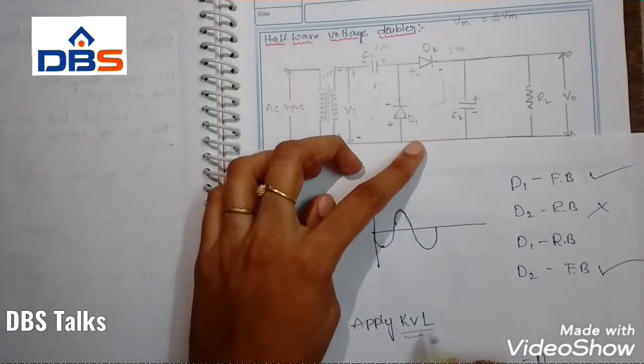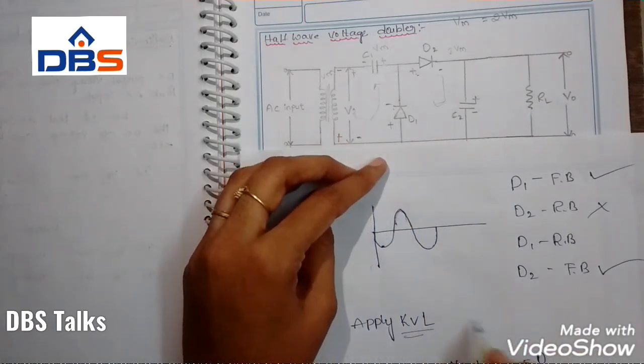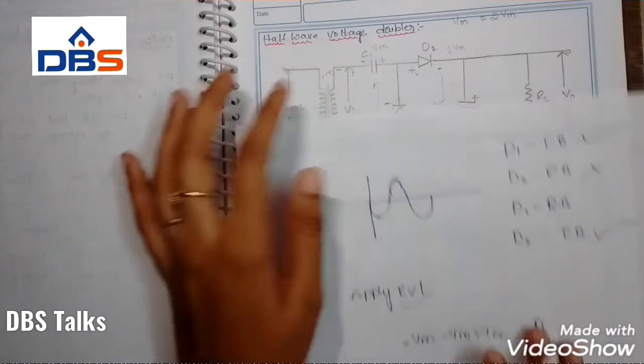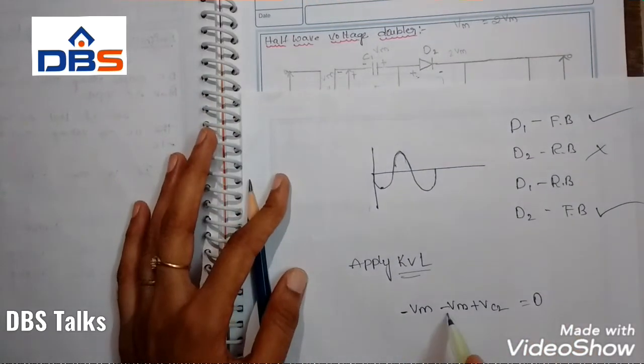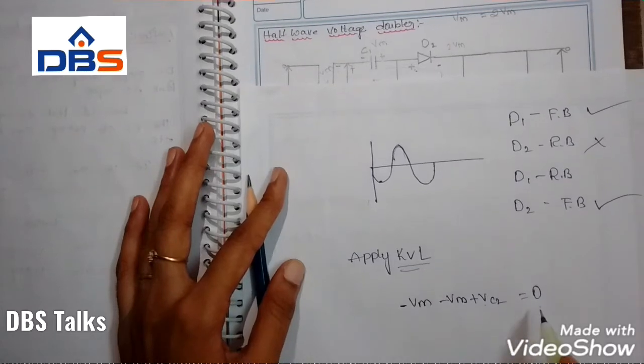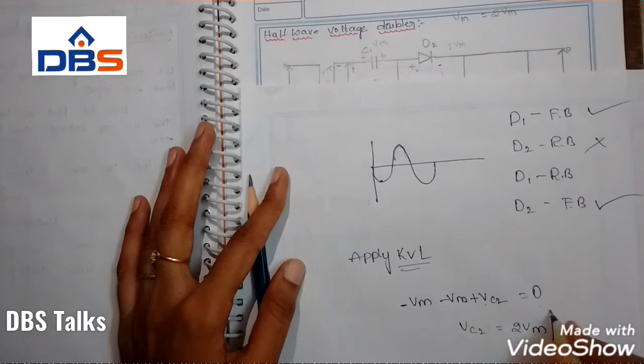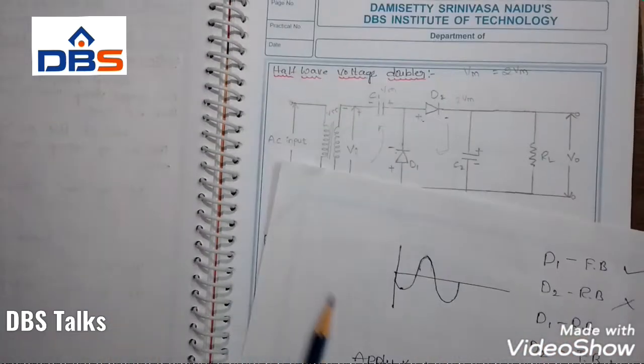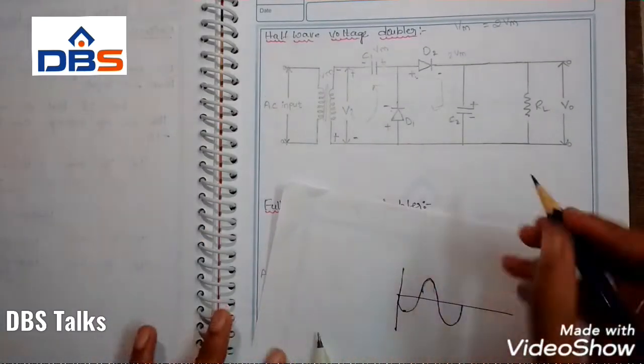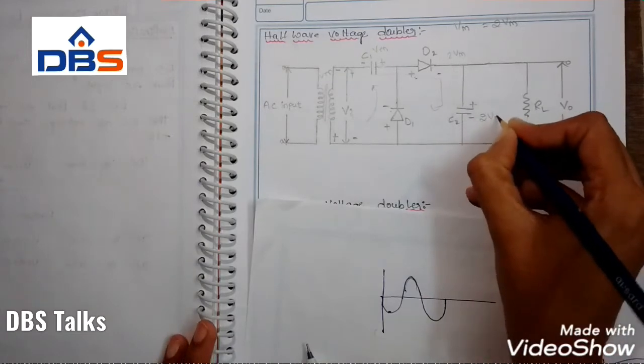We know KVL means the total sum of voltages is equal to 0. So minus Vm minus Vm plus Vc2 is equal to 0, then Vc2 is equal to 2Vm. It means the second capacitor will charge up to 2Vm.